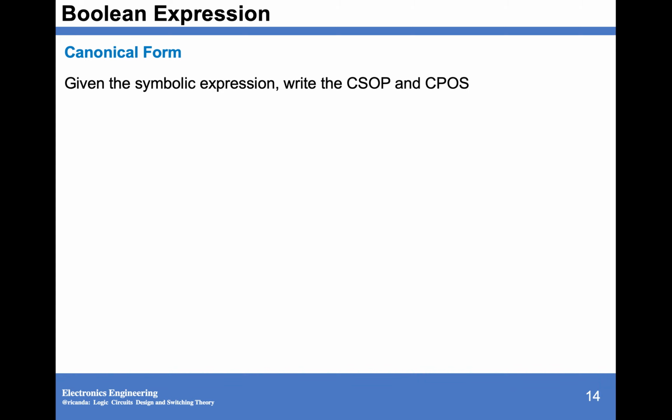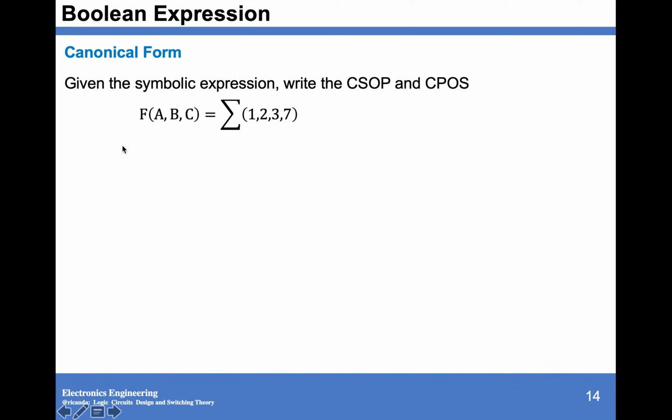So given the symbolic expression, we can write a SOP or canonical sum of min terms and the canonical product of max terms. So in this given symbolic expression, it is equivalent to your function EBC. We have 3 variables and we have the sign of sigma or summation, which is 1, 2, 3, and 7.